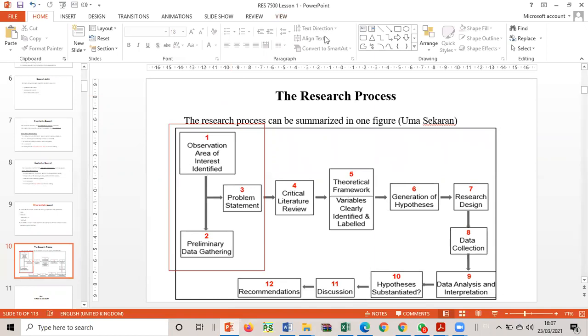Do you agree? Yes, I agree, sir. Should not be more than two years. Actually, the PhD should not be more than one year, especially business and education.